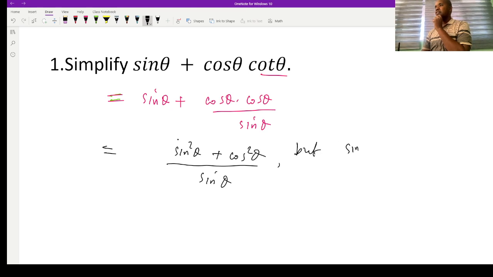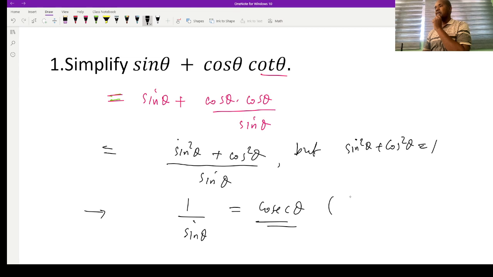But sine squared theta plus cos squared theta equals 1, and so we'll be having 1 over sine theta, and that is going to be cosec theta, hence simplified. So that is a simplified expression from the given question above, dear students.